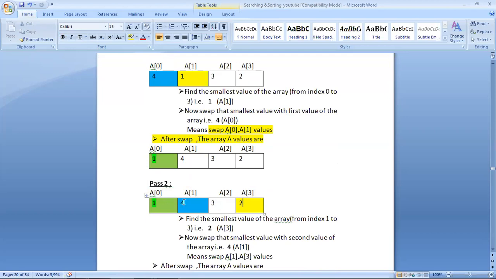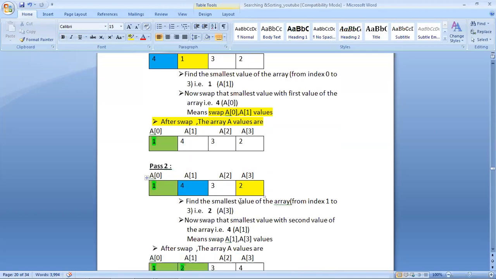Now we have to consider only the remaining values, those are 4, 3, 2. So you have to find the smallest value from these 3 values. What is the smallest value? 2, and it should be swapped with the second value of the array. What is the second value of the array? 4.